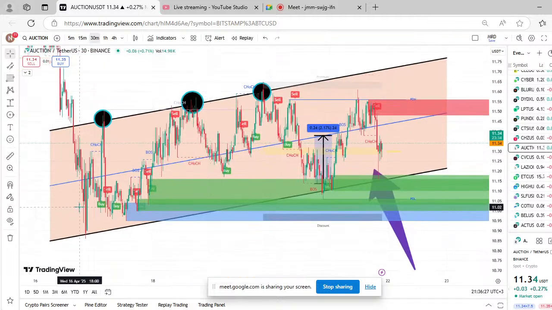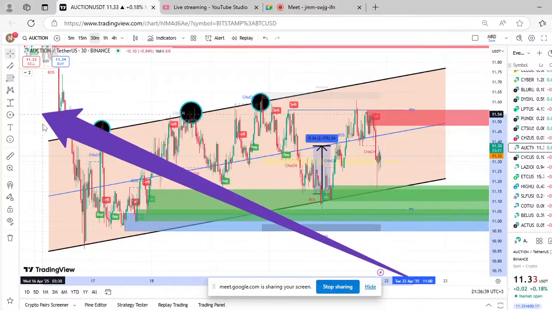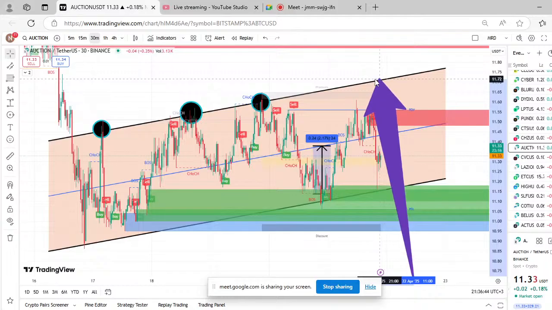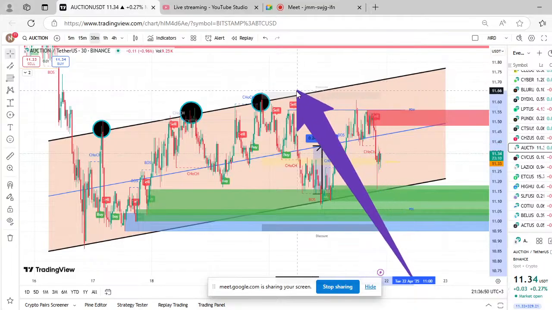Who is saying that whenever you touch here, you drop down? It's you and me. Because whenever we see this market failing to break, to close above this resistance, failing to close above this black line, automatically we have to jump out from the market. We will be aware that this market is no longer interested to move up.